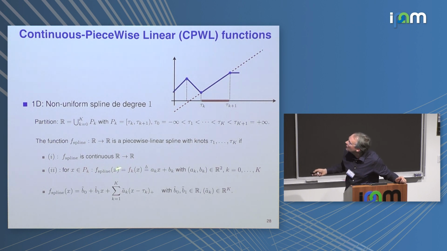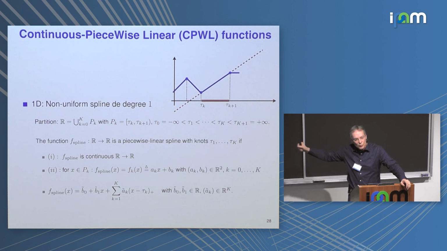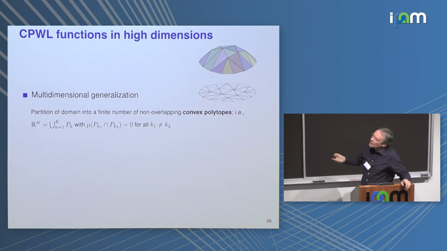That's maybe not the way we spline people like to represent splines. We much prefer to represent them using the Green's function, like I've shown you before. And this thing here is a ReLU. So you can represent those functions as a linear combination of ReLUs. Can we do that in higher dimensions? Sure.